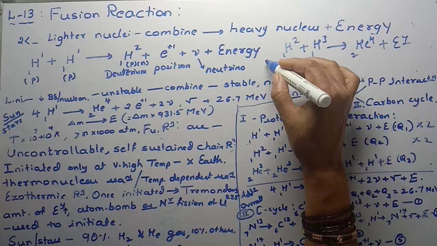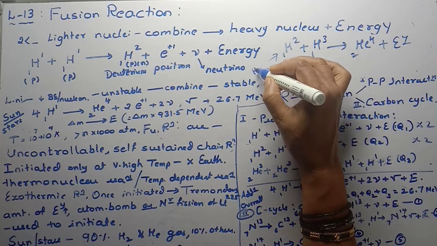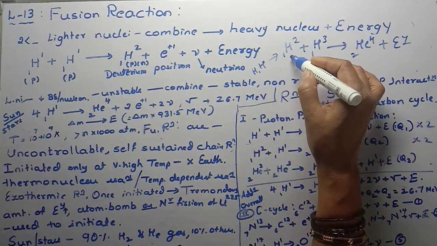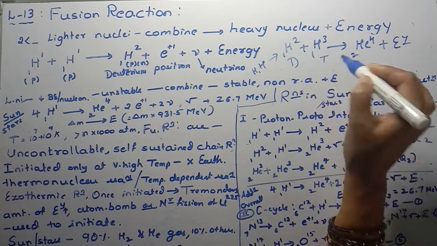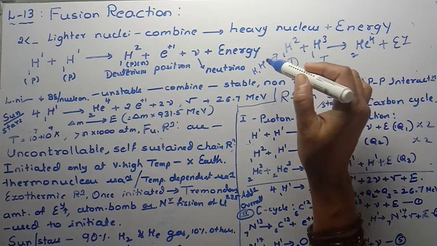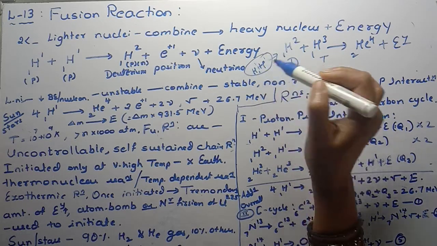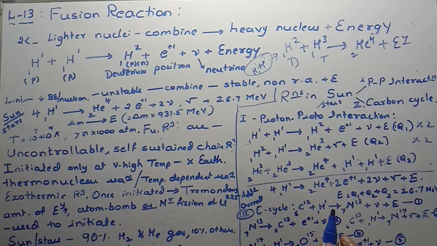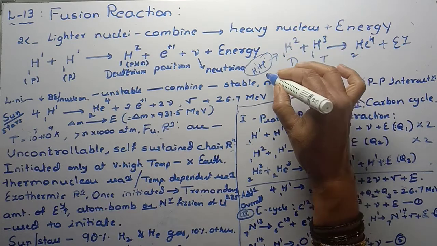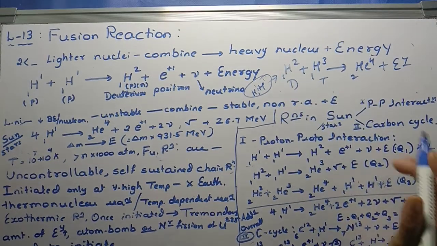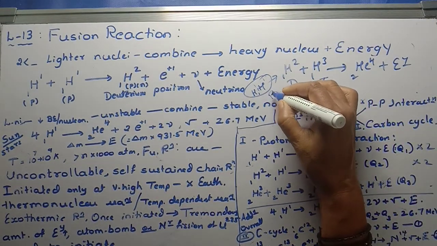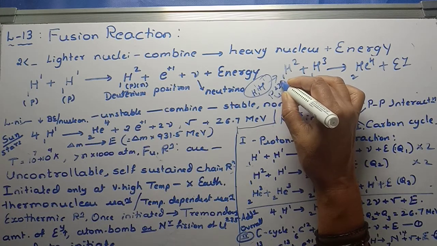First, hydrogen is made to react to get deuterium or tritium. In order to make these hydrogen atoms react, we need very high temperature, and that can be achieved by a nuclear fission reaction, that means plutonium 239.